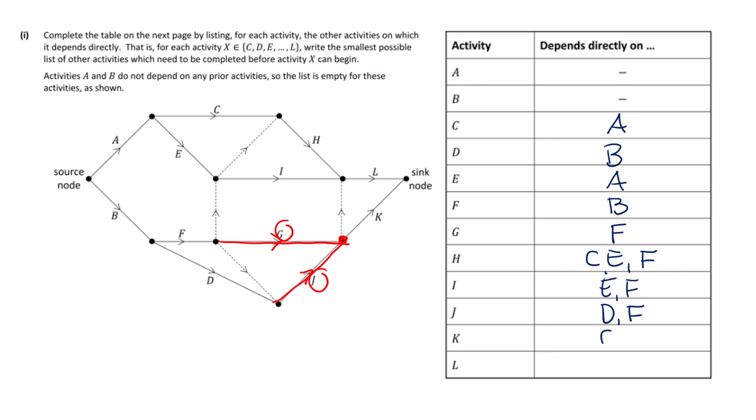So that is G and J. And then finally, for L, we have H, we have I, we have a dummy, and into that dummy feeds J and G. So we have G, H, I, and J. So it is 4 things feeding into L.